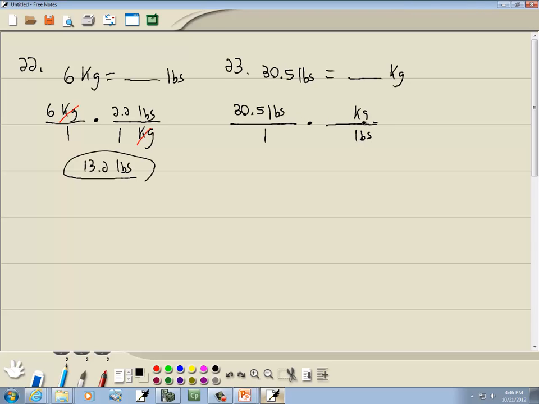And we already said there's a tie between pounds and kilograms. 2.2 pounds is equal to 1 kilogram. And those pounds cancel. 30.5 divided by 2.2. Now what am I going to round it to? 2 decimal places, I guess. 13.86 kilograms.